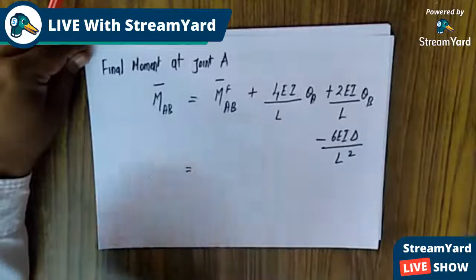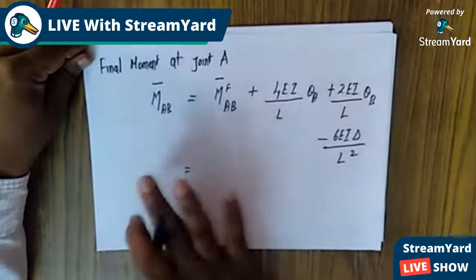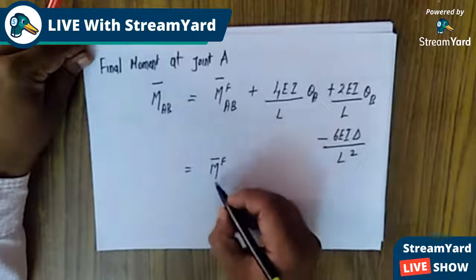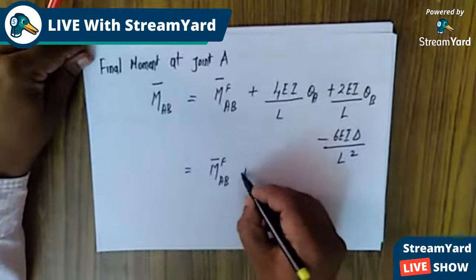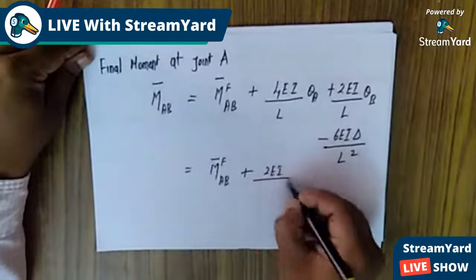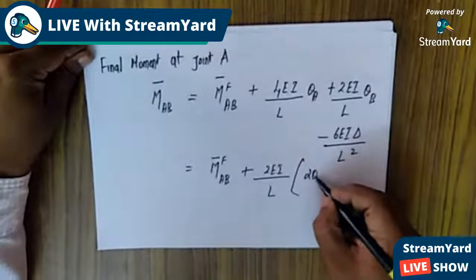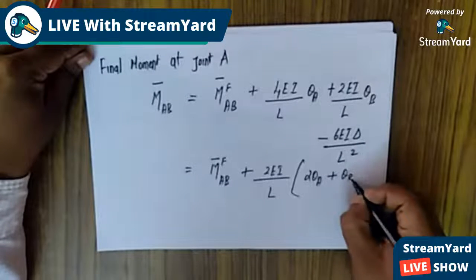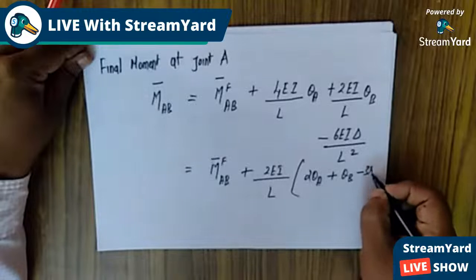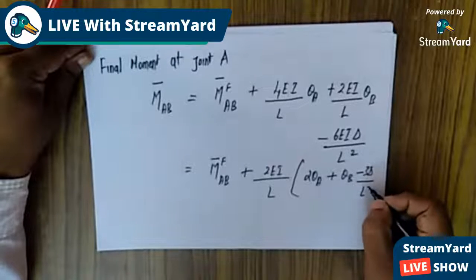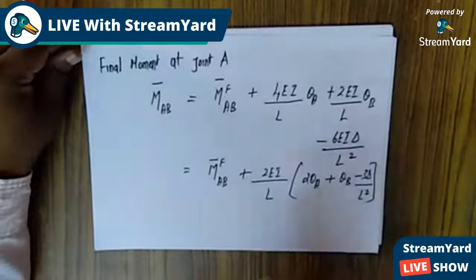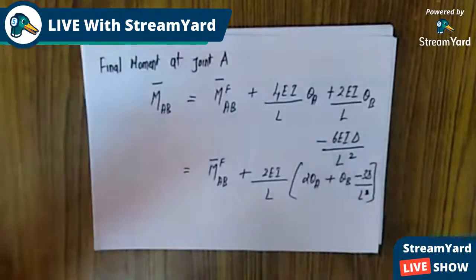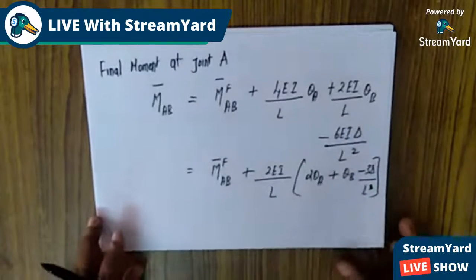If you sum it up and simplify further, we will get M bar F AB plus, taking 2EI/L as common, within the bracket the quantity 2 theta A plus theta B minus 3 delta/L.